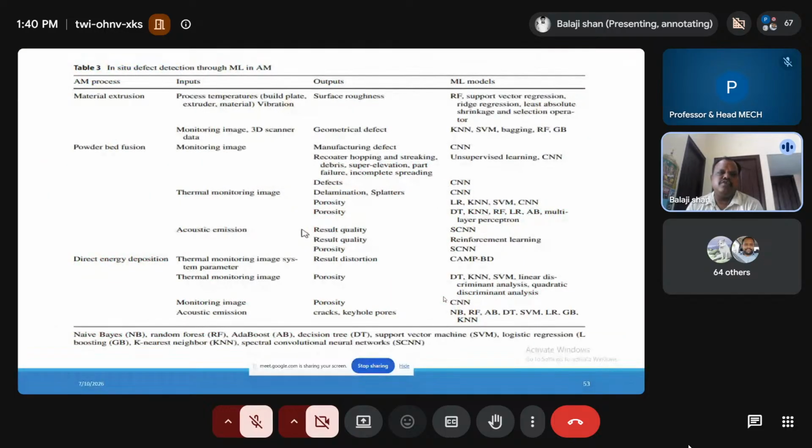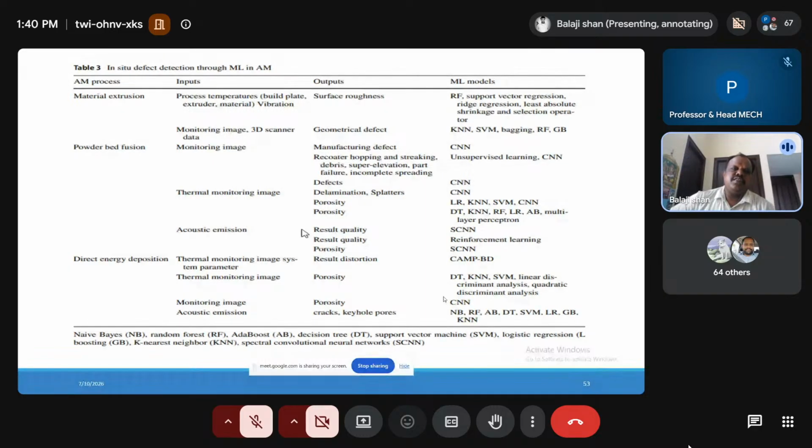In this slide, I show some of the additive manufacturing processes: what the inputs are, what the outputs are, and what machine learning techniques are used for gaining insight into defect detection in additive manufacturing. The first one is the material extrusion process. Their inputs are build plate temperature, extruder temperature, material temperature, and vibration.